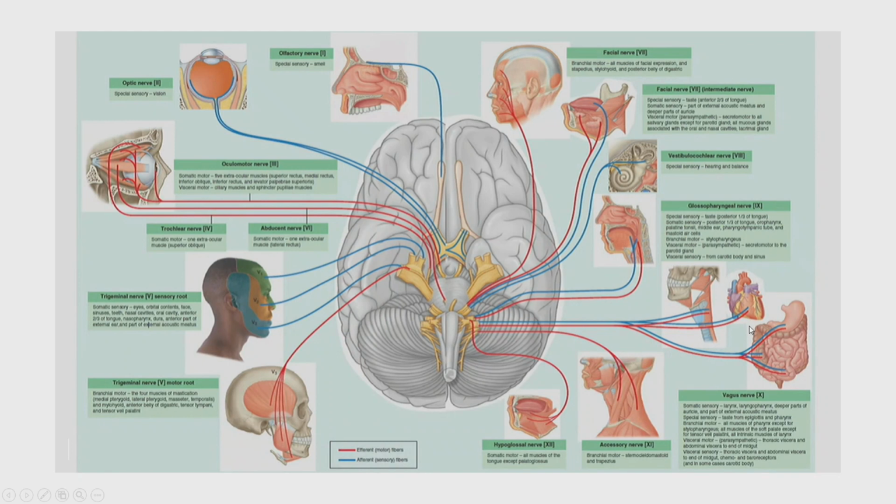Then it goes to the abdominal cavity, and as you see, it is innervating most of the stomach, small intestine, and large intestine, and the territory of the vagus finishes here at the left colic flexure. So the vagus nerve, the longest cranial nerve, does not remain in the head and neck region but goes farther to the thorax and abdomen.